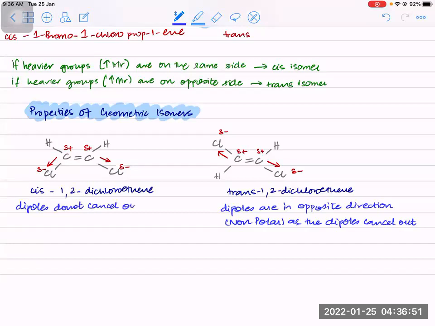Both the dipoles are facing downwards. There is a net dipole acting downwards, and since there is a net dipole, this will be a polar molecule, because it has a resultant dipole moment.